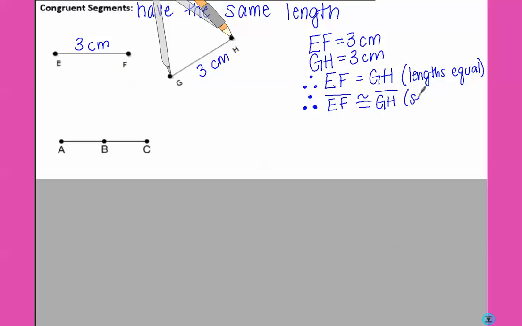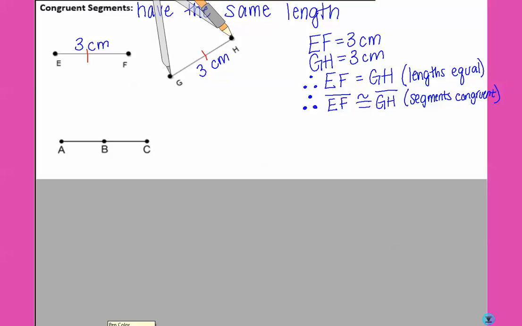So this is saying the segments are congruent. We can also mark that they're congruent using hash marks. So if we put one hash mark on EF, we would also see one hash mark on GH, and that notates that they are the same length.